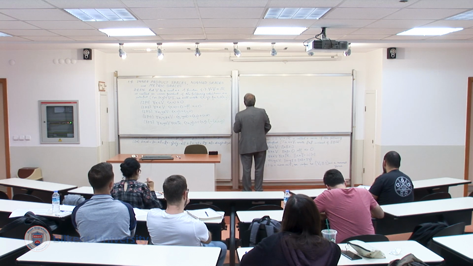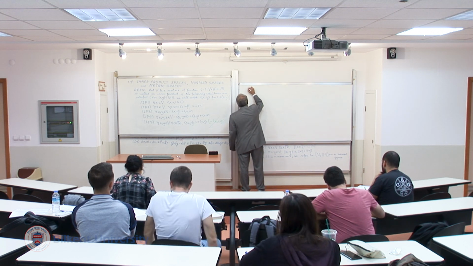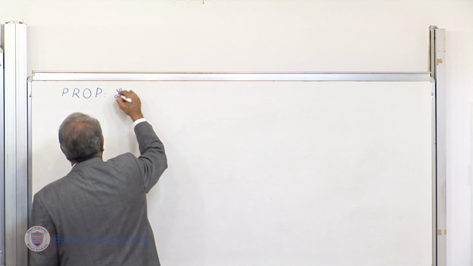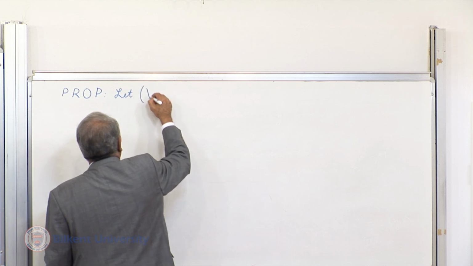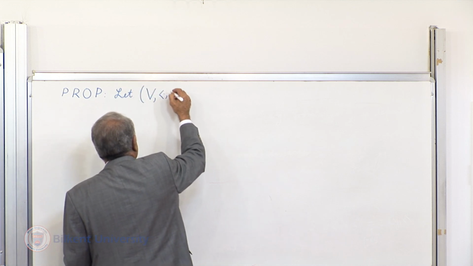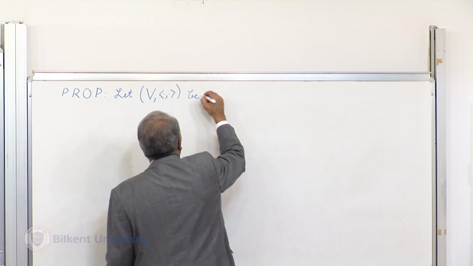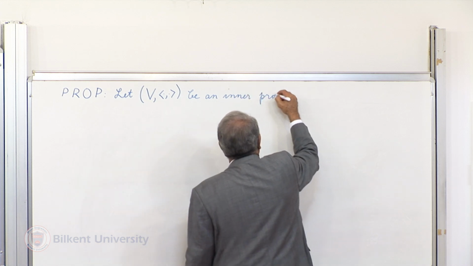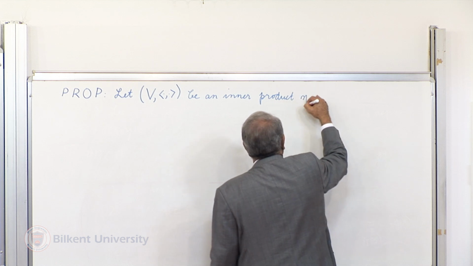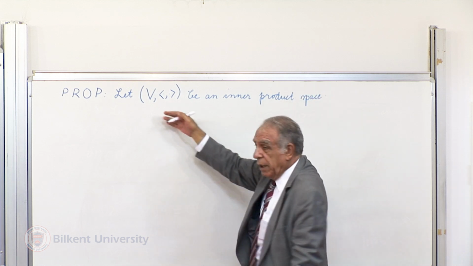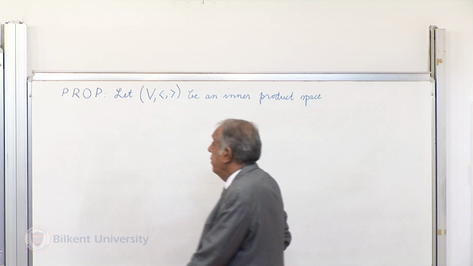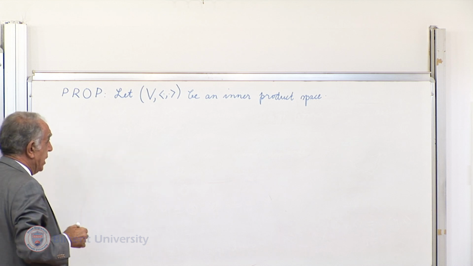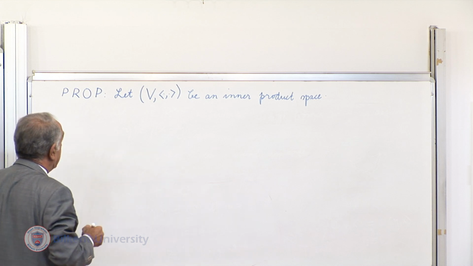Now that will be a proposition. We start with an inner product space. So this automatically includes the real vector space structure of V. It's a real vector space endowed with an operation which satisfies the inner product properties.